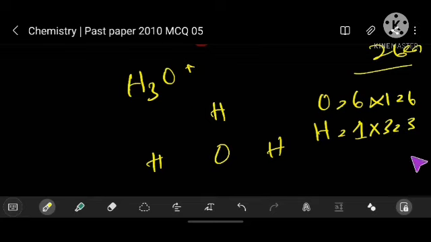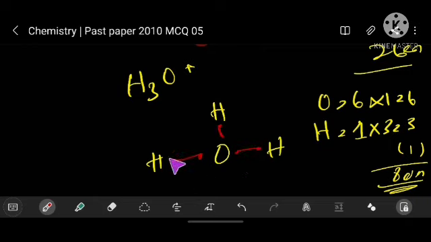So now we are left with 8 electrons. I'm going to make the bonds first, 6 electrons. So I have spent 6 electrons. Now I'm left with 2 electrons.